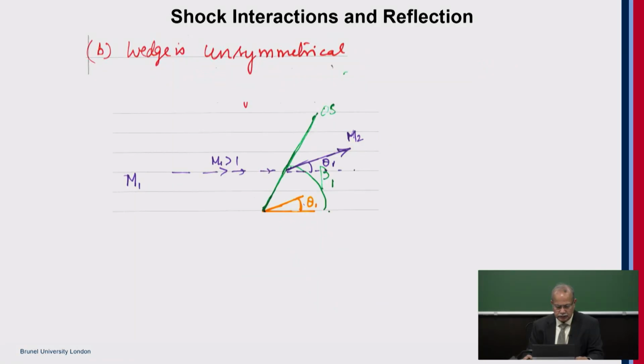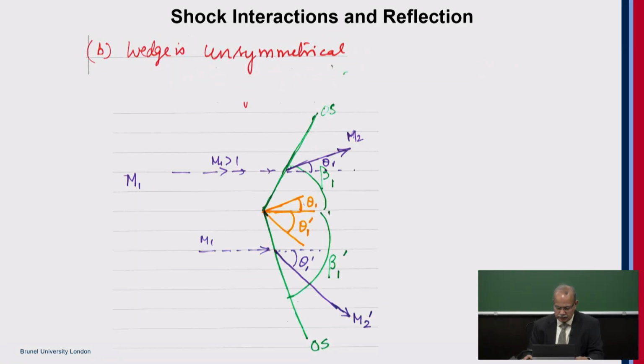Now, if the wedge is unsymmetrical, this is to picture a different angle of attack. This angle here will not be the same as this angle here. So accordingly, the strength of the shock wave will also be different, and the flow turning and the angle, everything will be different.